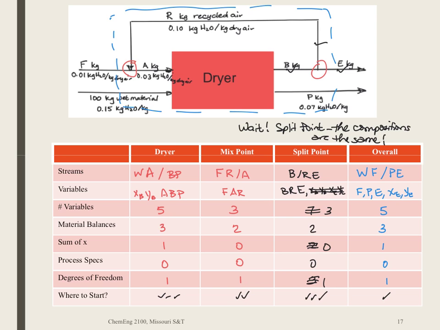Main reason, usually I find that is an easier way to solve the problem. The overall system tends to give a lot of good information, and mixing points, especially where they're well defined like this one, are also going to be very useful. So this is based on experience, but any of these you can start in any order, it doesn't matter. So I'm choosing the overall, then the mixing point, and then I'll go to the dryer and the split point next.